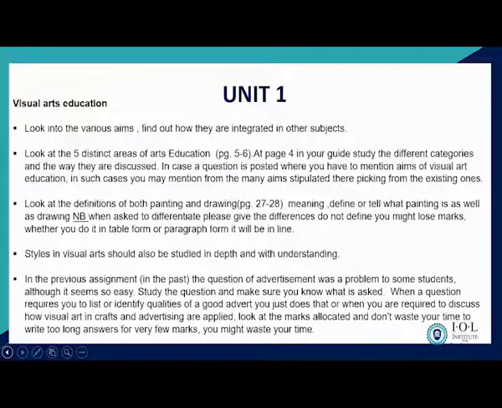You just answer what is requested. Or when you are required to discuss how visual art in crafts and advertising are applied. Look at the marks allocated and don't waste your time to write too long answers for very few marks. You might waste your time and then not finish on time.